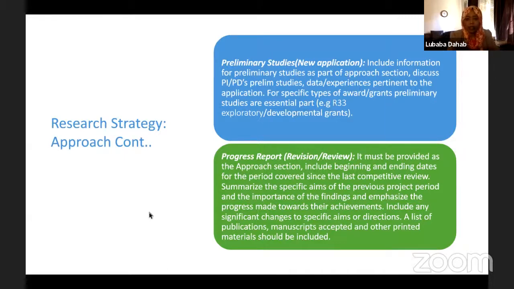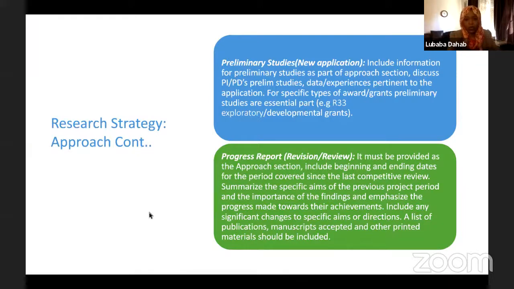And this section is really mandatory when you are submitting for R33. As we mentioned, there are many types. For those specific types, the preliminary studies are mandatory to be written in the strategy or in the application. For a revision or review, you're going to provide a progress report.